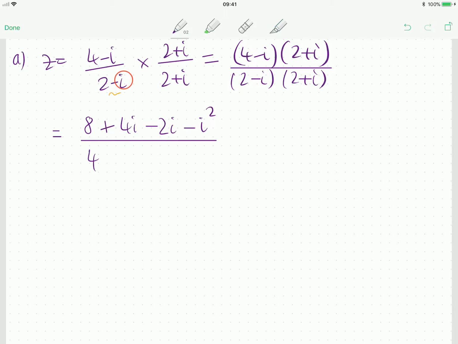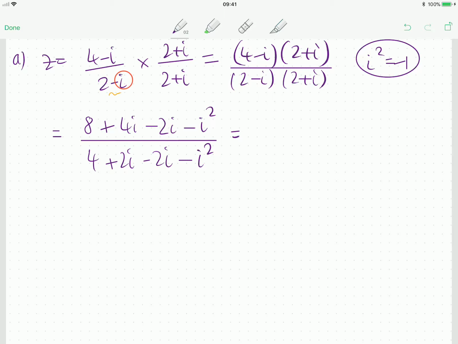The bottom, 2 times 2, 2i, take away 2i, minus i squared. Okay, so we're clearly going to need the fact that i squared is minus 1.